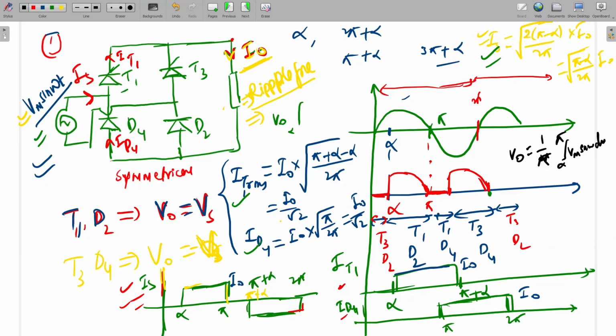Is this equation clear? Periodically it is pi only, alpha to pi. So Vm upon pi times (1 plus cos alpha). This will be the average value of the output voltage. Is it clear? I think all of you know this formula.